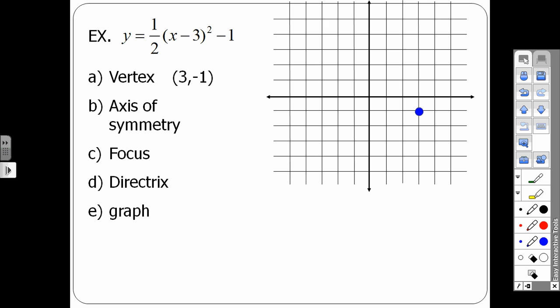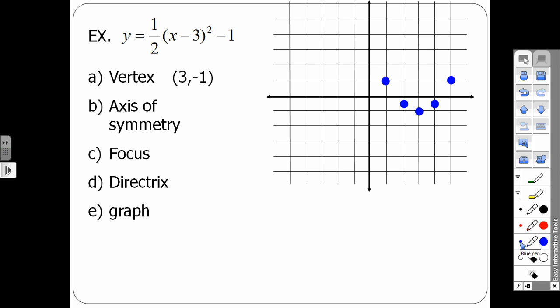So a is 1/2. We're opening up since it's positive. It's y equals x squared, so it's an up, not a sideways parabola. And since a is 1/2, with our pattern of 1, 1, 2, 4, we're actually going over 1 and up 1/2, and then over 2 and up 2. We do this on the other side.